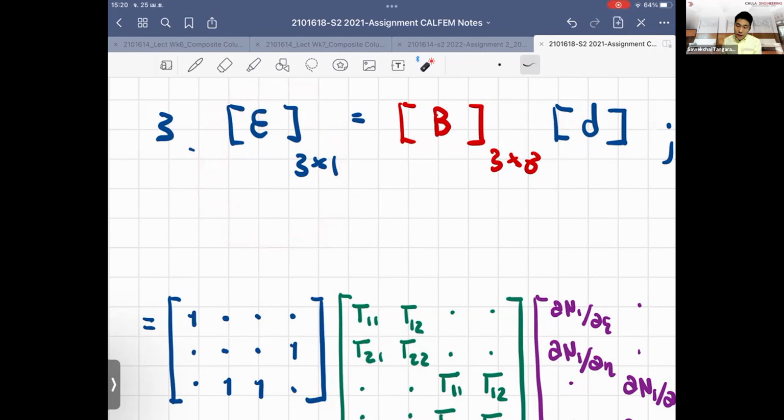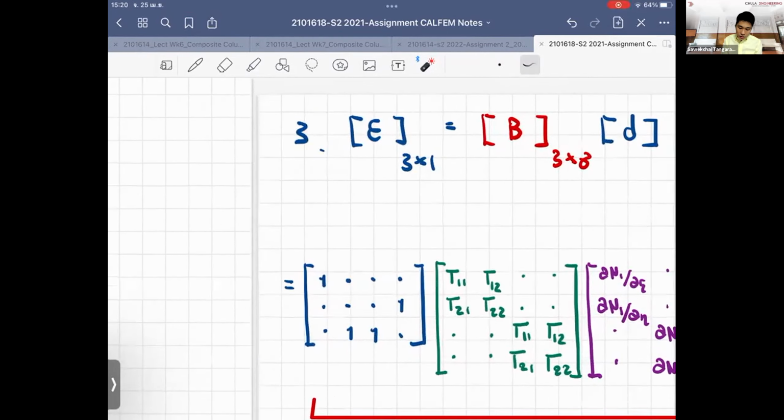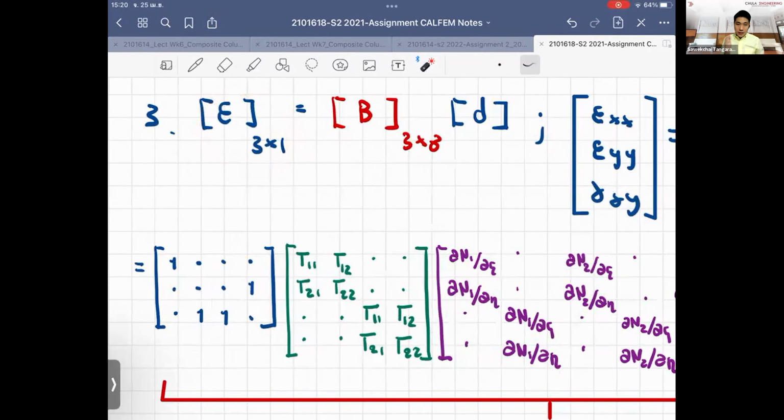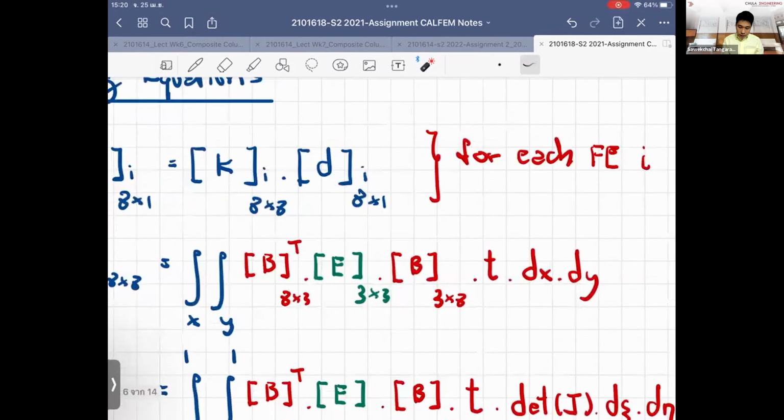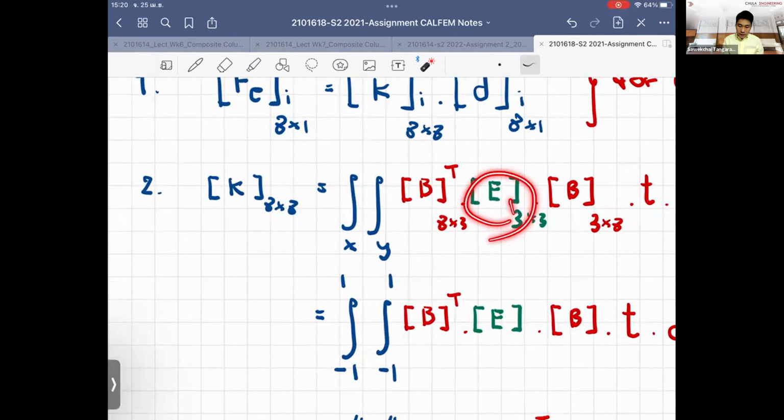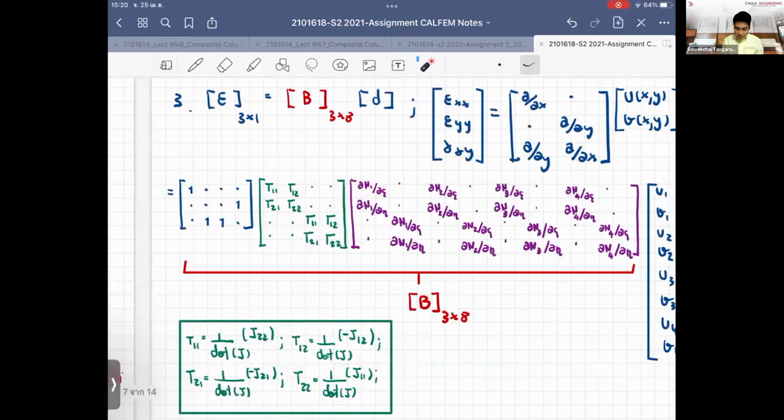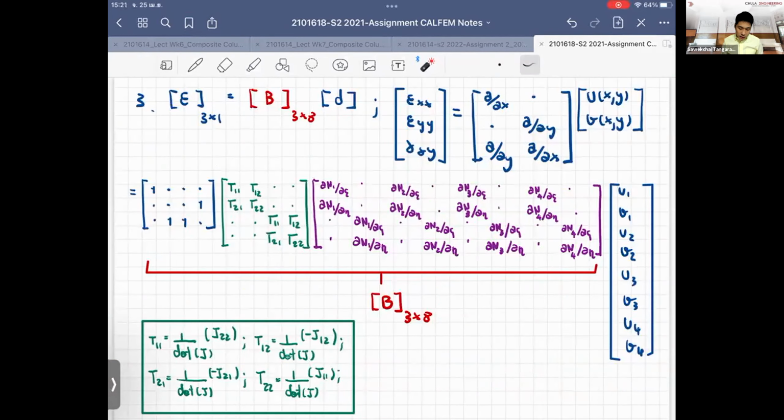If you want to obtain the value of the stress per element, you just take the strain times the stiffness to get the stress values, right? And this is the way it works.